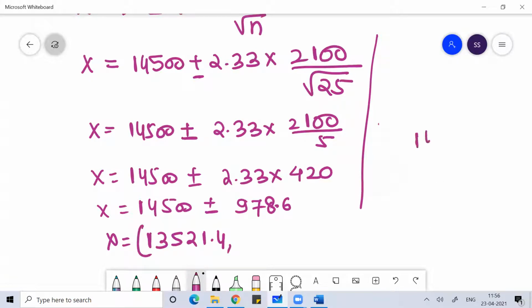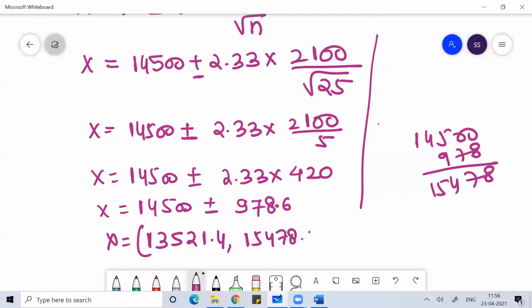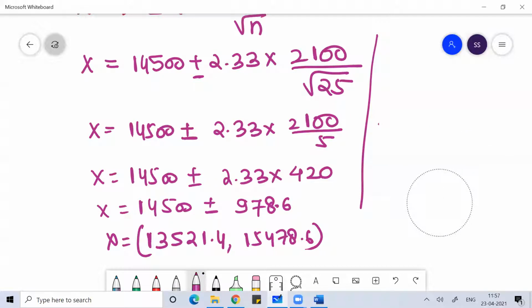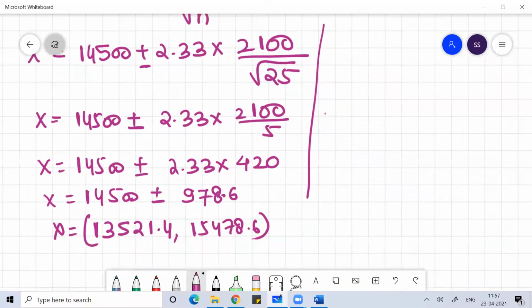So you can understand this. Imagine your sample value.